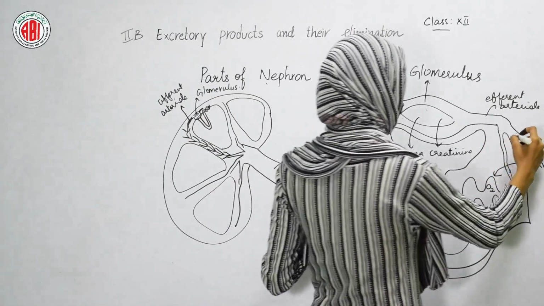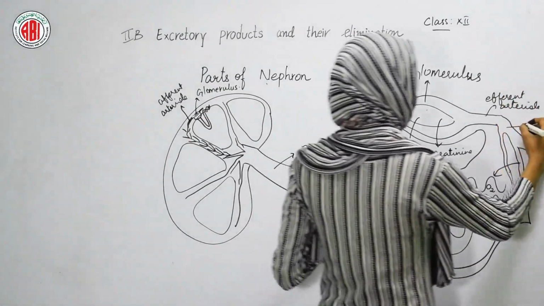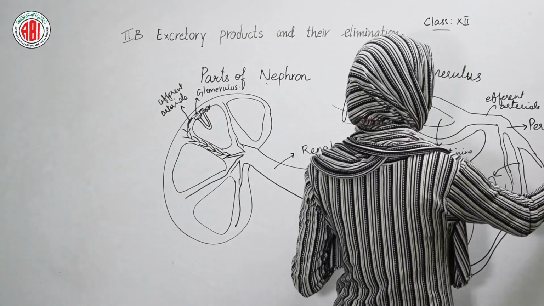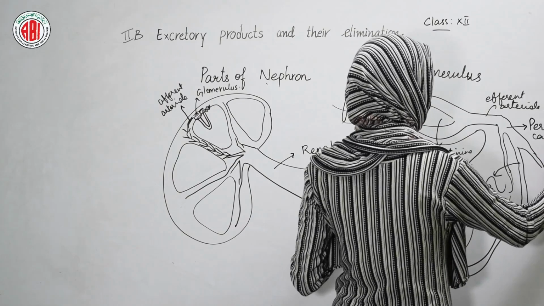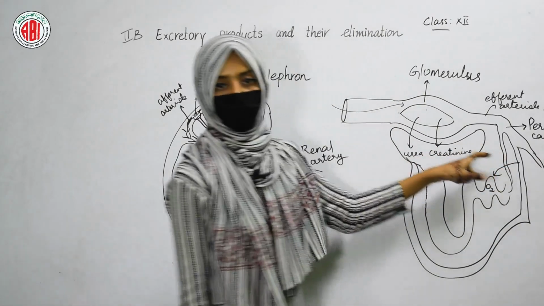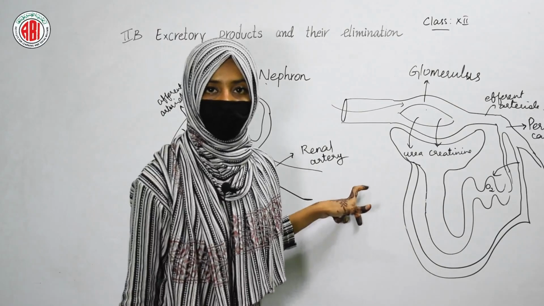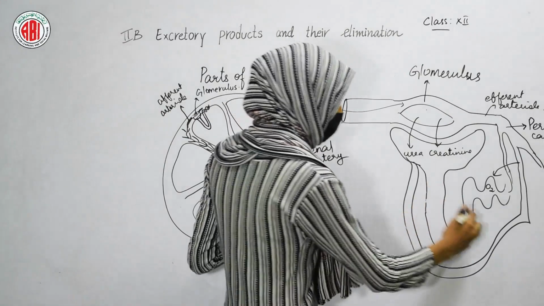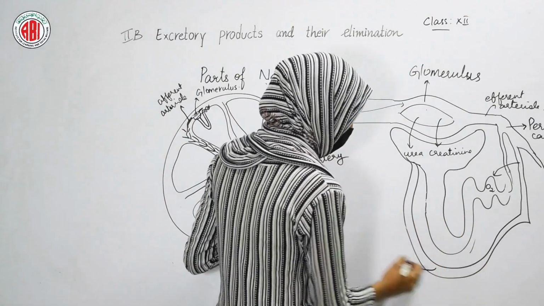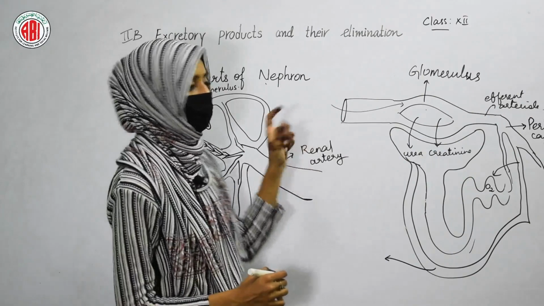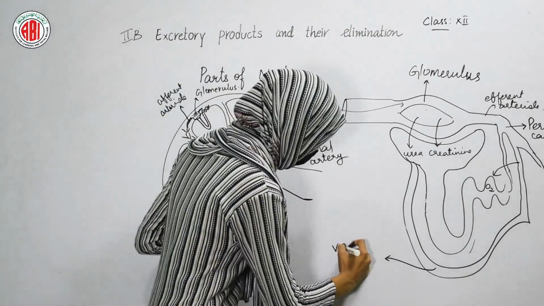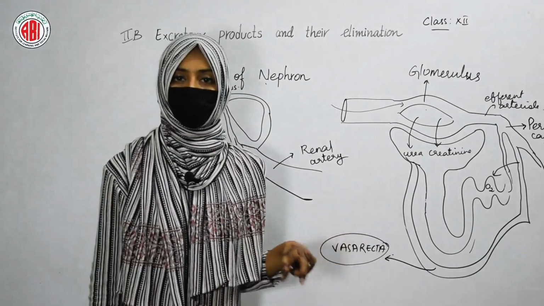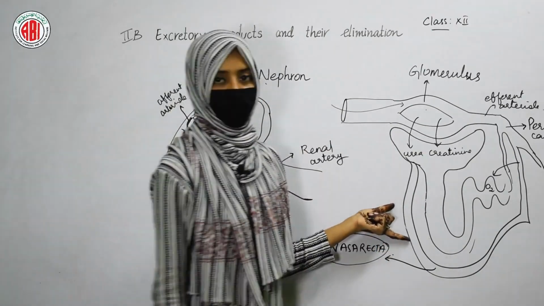And the peritubular capillary: this efferent arteriole breaks down into small capillaries. It branches into capillaries. We call these capillaries peritubular capillaries. So these peritubular capillaries surround the whole renal tubule, and the peritubular capillary which is present around the loop of Henle, we name this peritubular capillary as vasa recta. It is an important peritubular capillary as it is providing oxygen through blood to the loop of Henle.